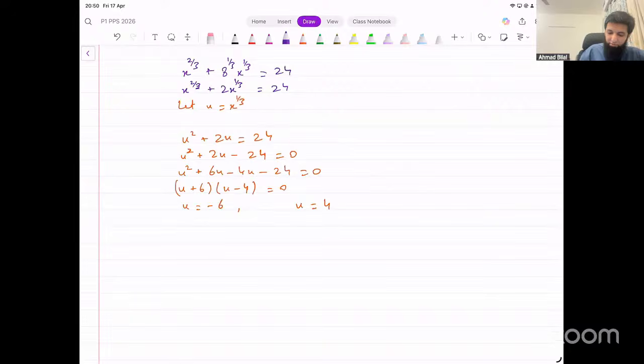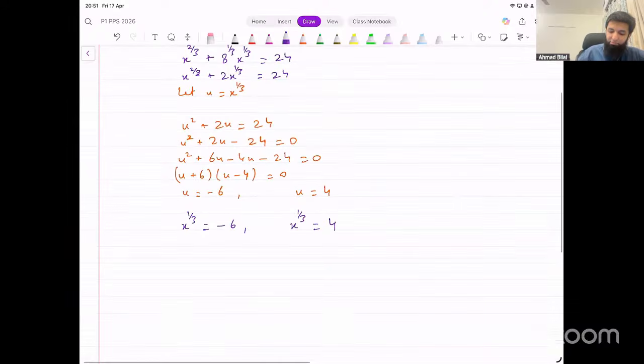Okay, now x power 1 over 3 equals negative 6 or x power 1 over 3 equals 4. Take cube on both sides. On the left side, we get x equal to negative 216.